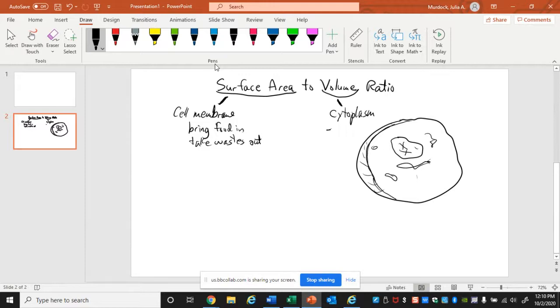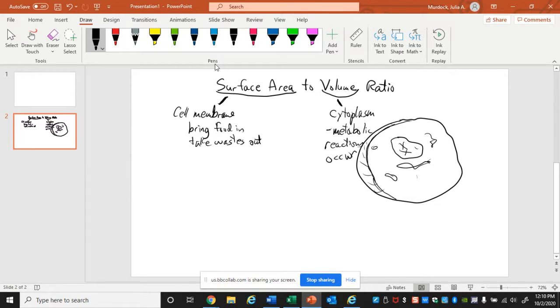So the cytoplasm needs to eat. It needs the food that's being brought in, right? It is working on millions of chemical reactions that are in need of food and that are churning out wastes. The cytoplasm is a place where metabolic reactions occur, right?